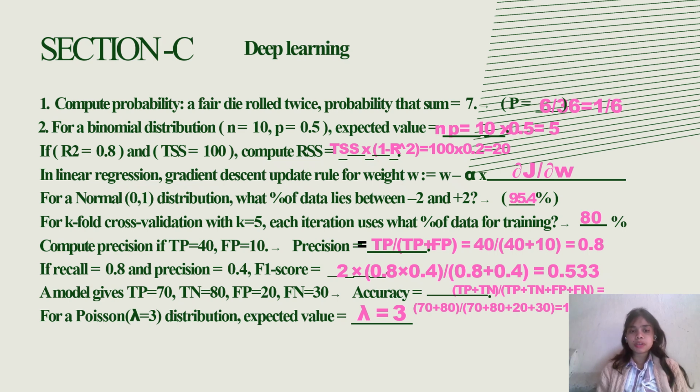A model gives TP equals 70, TN equals 80, FP equals 20, FN equals 30. Accuracy equals TP plus TN divided by TP plus TN plus FP plus FN. For a Poisson distribution with lambda 3, expected value is 3.